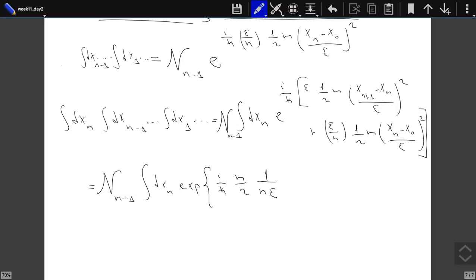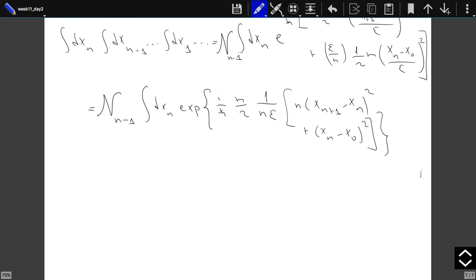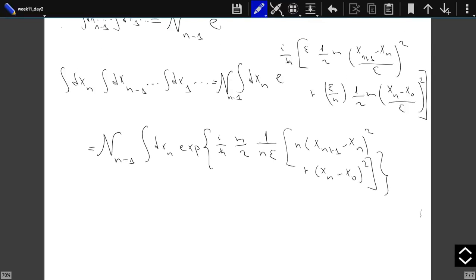Let me also take that out. What remains inside will be n times xn plus 1 minus xn squared plus xn minus x0 squared. This will be left in my exponent. I took the 1 over n epsilon out also.